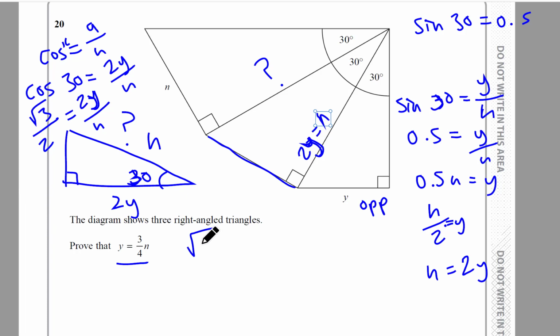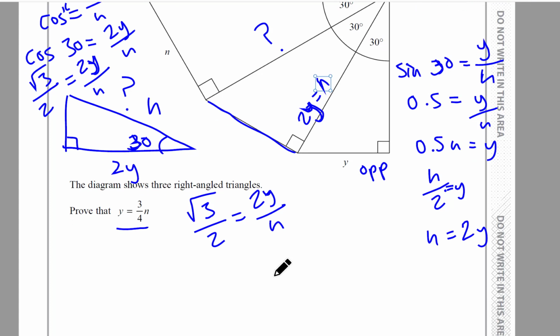Let's just write this down here. Over h. Let's just cross multiply. So we've got h root 3 equals 4y, and the new h, which is a question mark, h equals 4y divided by root 3.